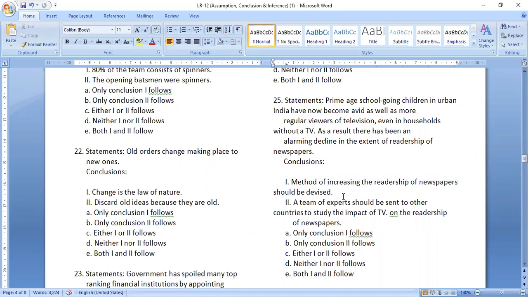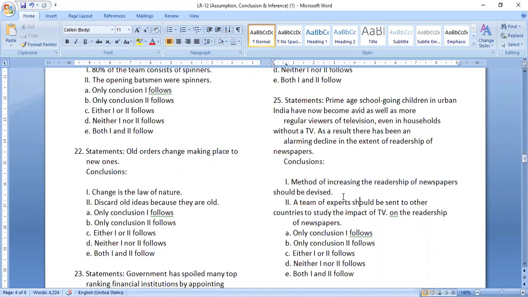So I think by concluding something, they put the course of action as the next step. So I don't know. Can we put a course of action as a conclusion?